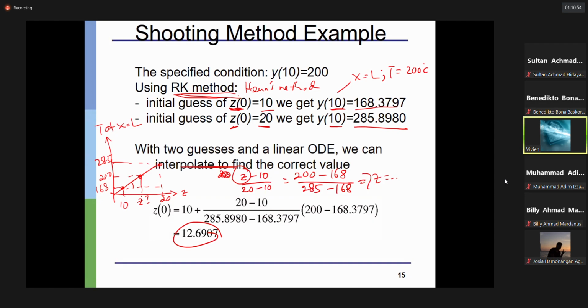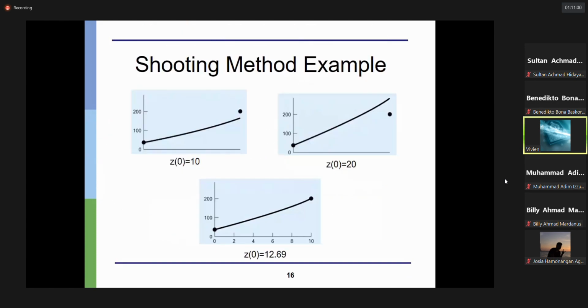Then we redo the calculation with the Runge-Kutta method, with Heun's method. So we see the graphs: the prediction using slope 10 gives this result, undershoot. With slope 20, it's now too high, overshooting.